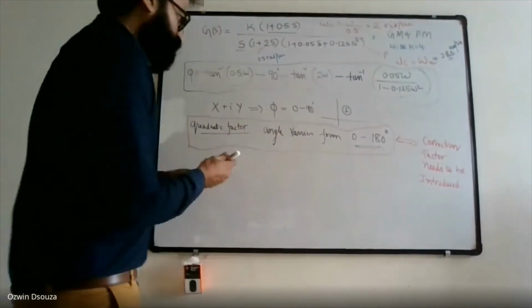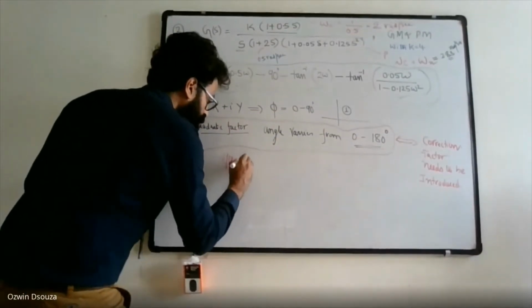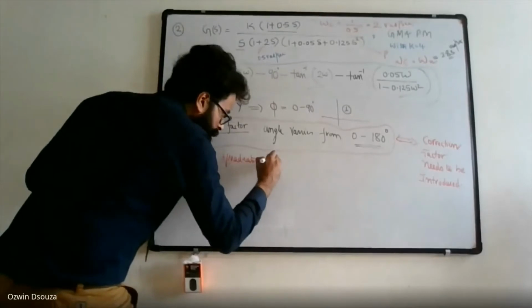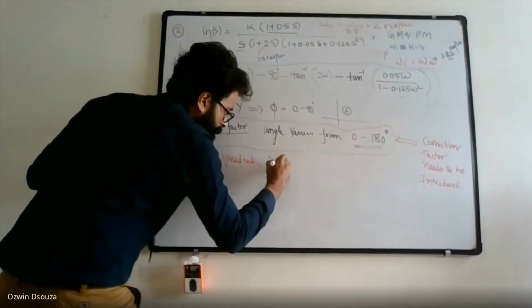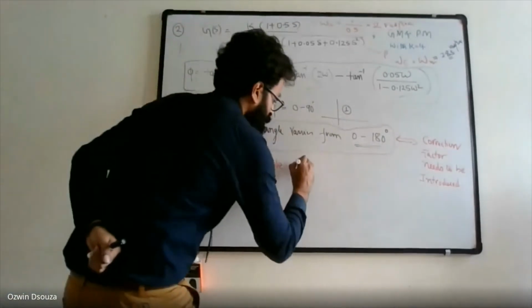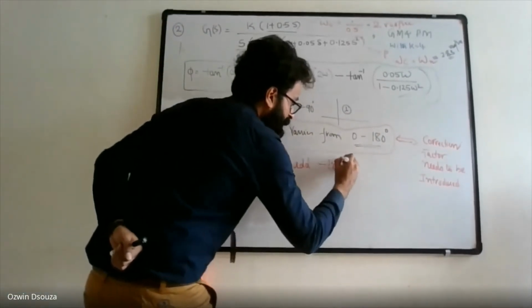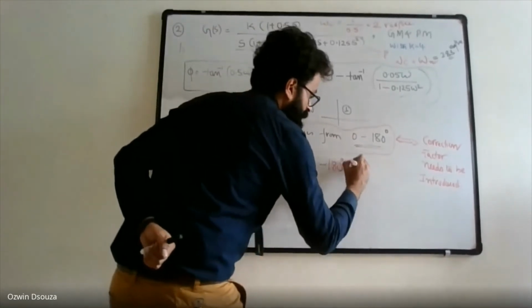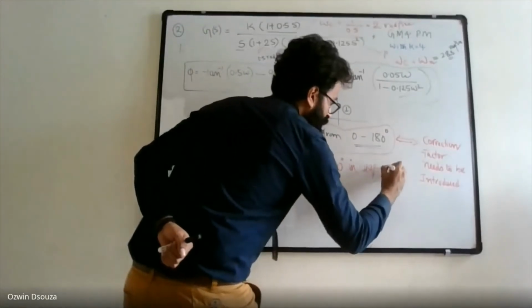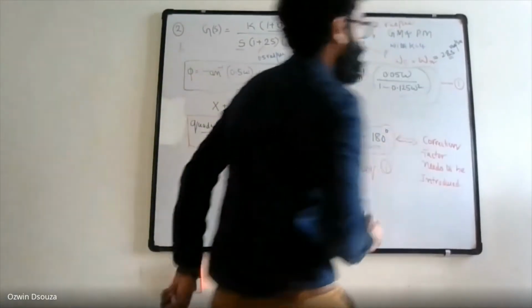So for a quadratic pole, add minus 180 degree in equation 1. Let's say this is our equation 1.